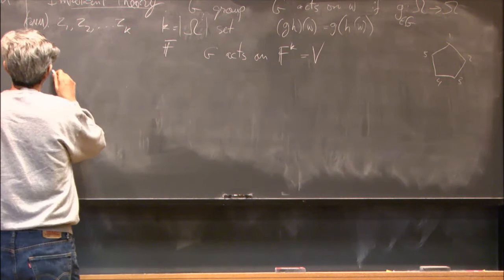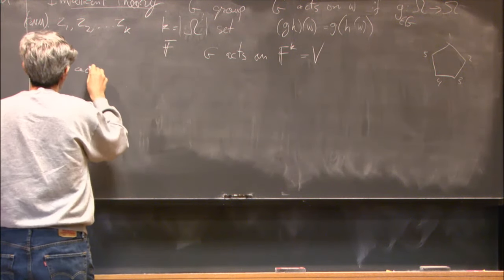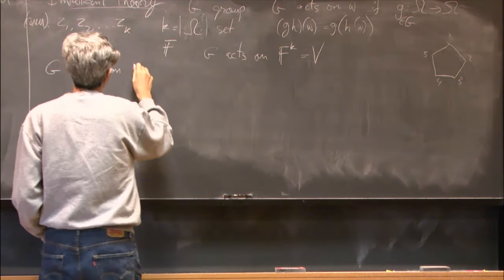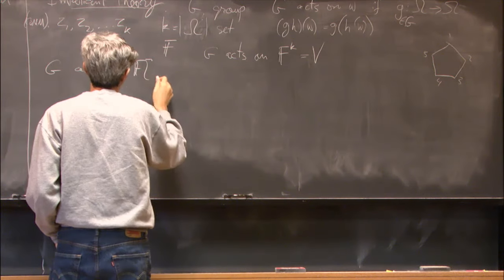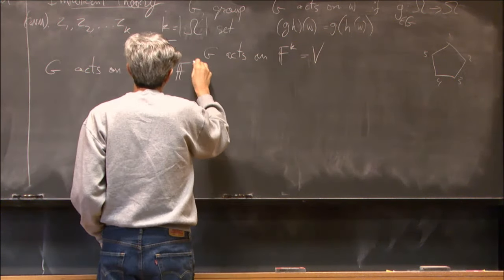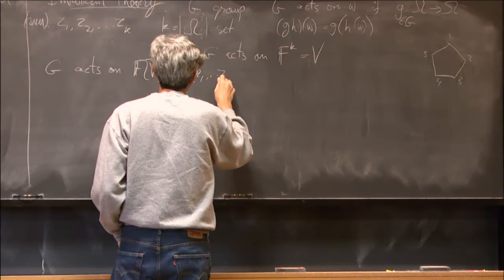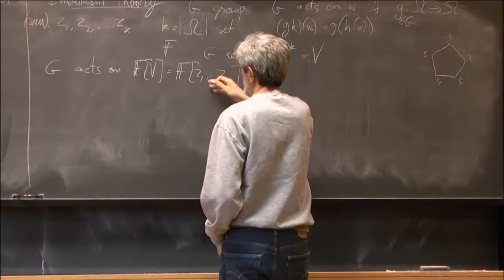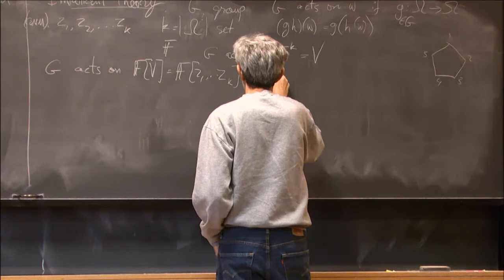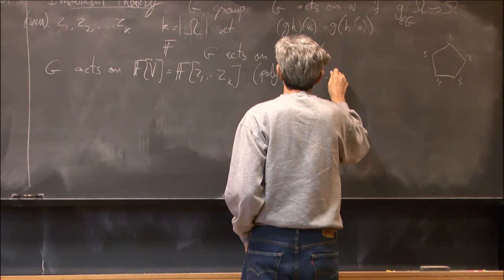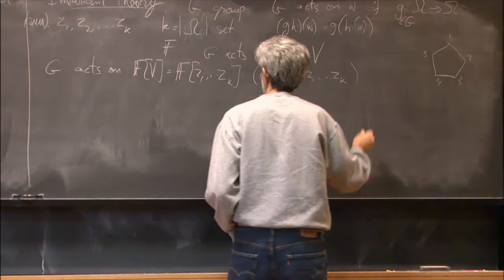So I want to tell you what happens when G acts on F of V, which is just F of z1 through zk. These are the usual polynomials over the field.